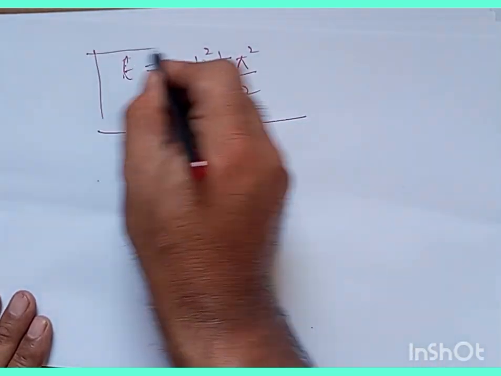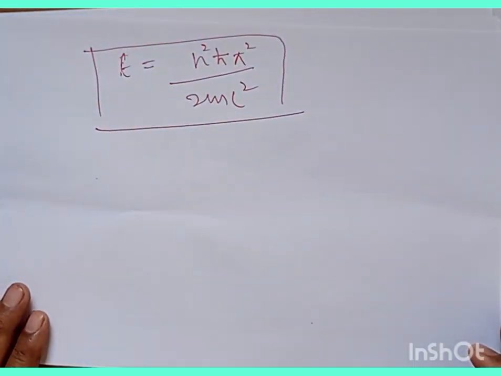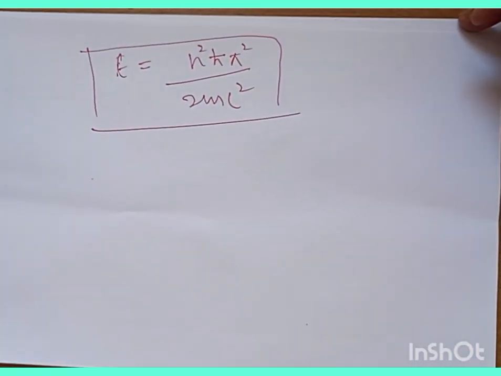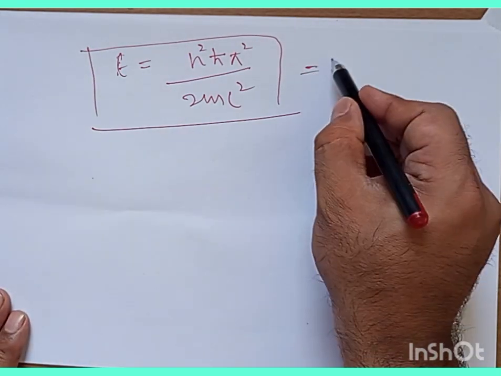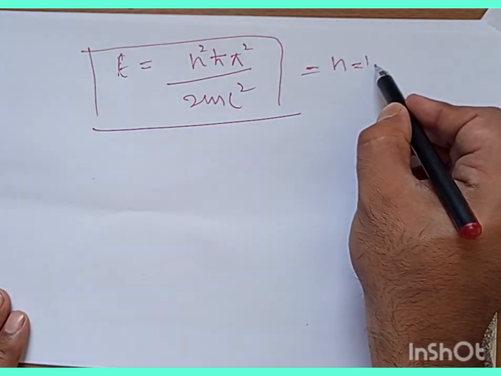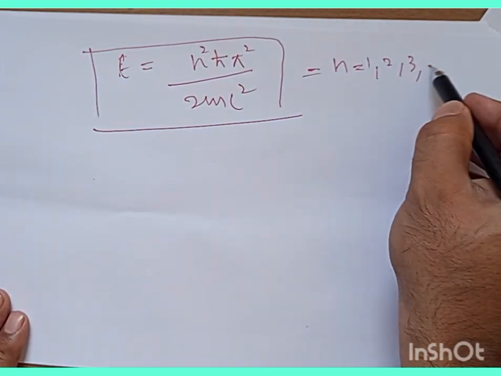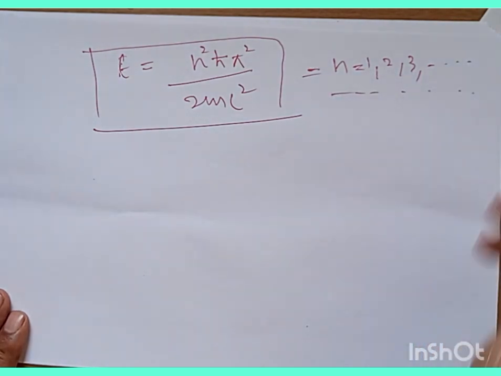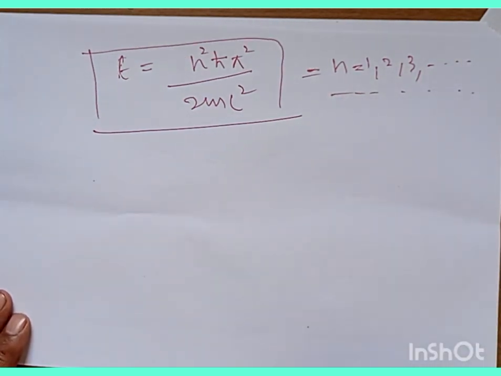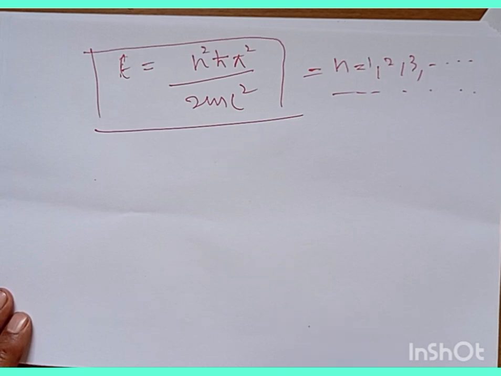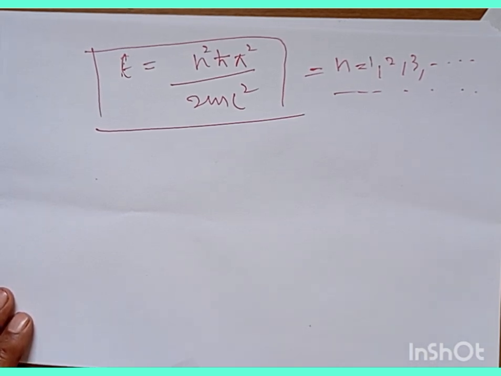So from this equation, what is clear is that this particle is not going to have all possible energies. It will have energies corresponding to n equal to 1, 2, 3, because n is an integral number. So this is one conclusion from solving Schrodinger's wave equation on this particle existing between this infinite square potential.